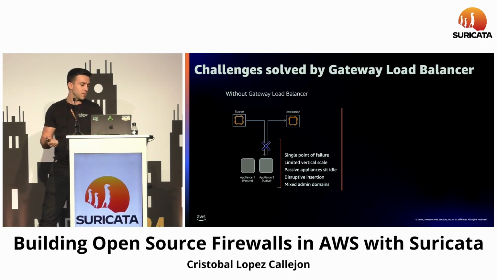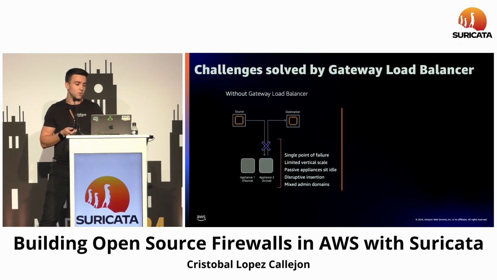I want to do inspection or security between the traffic of the two instances, and we deploy just one instance maybe, or we deploy 2 servers in an active-passive way. We might run into some issues like having a single point of failure. What happens if this instance fails? Do we have to create an automatic failover? How well does it work? What happens if we have an active-passive and both instances fail?